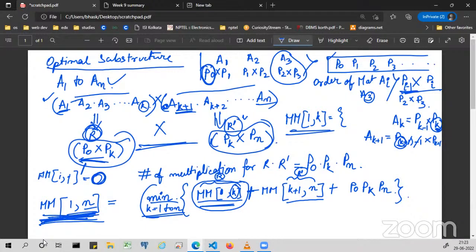Now again you would break like this, minimum of, now k is not available as a parameter, and p is already used, so let's say I use l. Minimum of l equal to 1 to k, and normally the same thing, MM[1][l] plus MM, recursive, just the way we do recursion, right? Same thing.